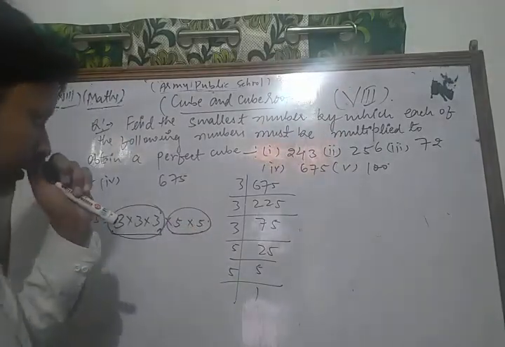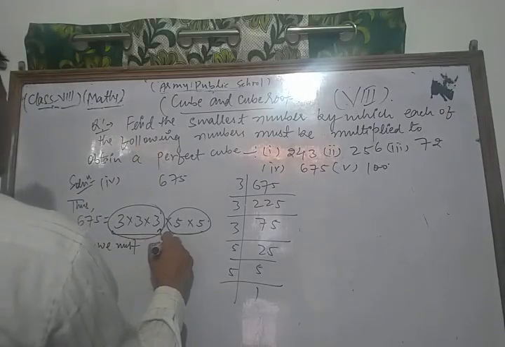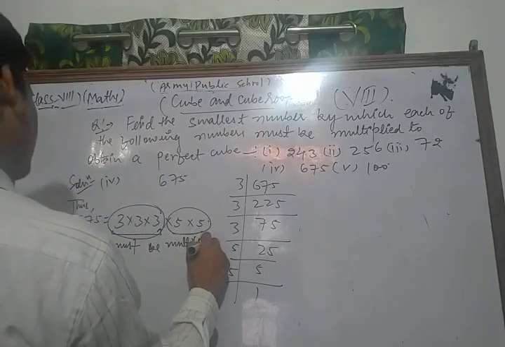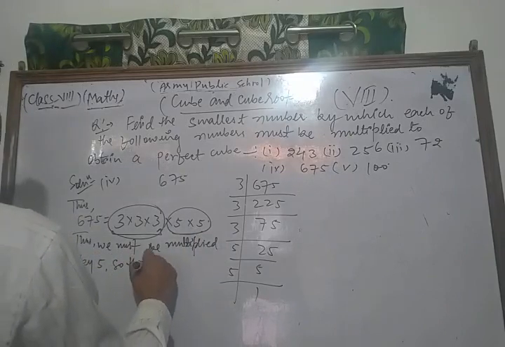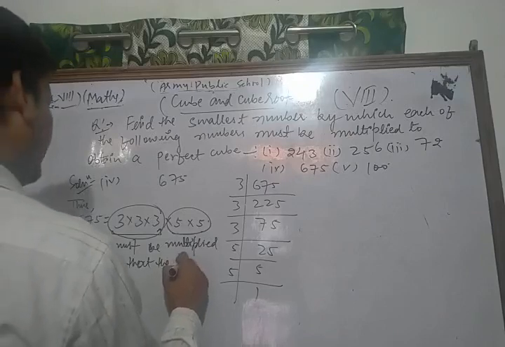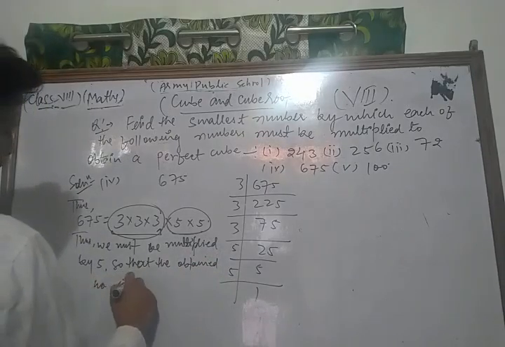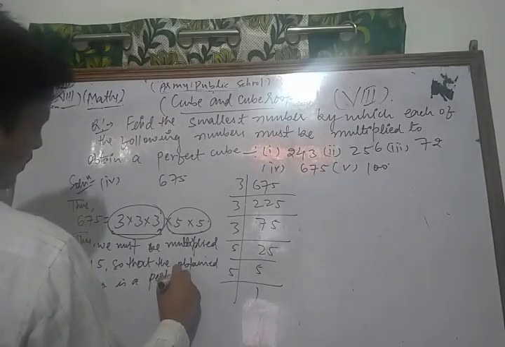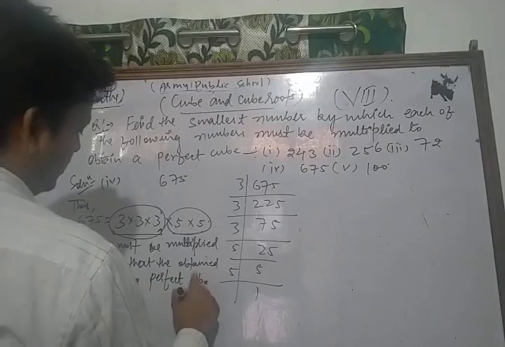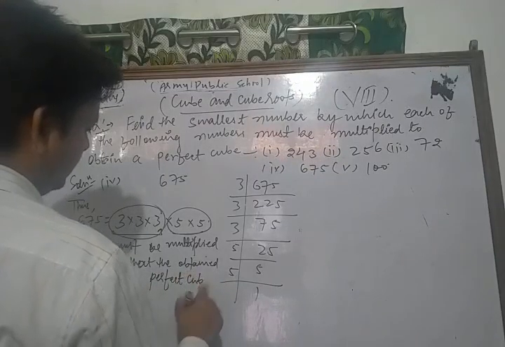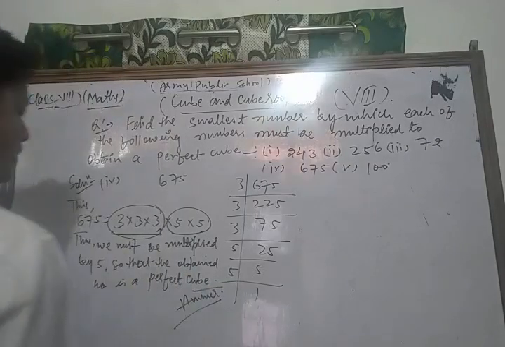So we must multiply by 5, so that the obtained number is a perfect cube. This is the required solution.